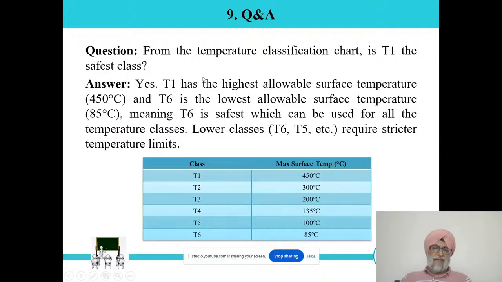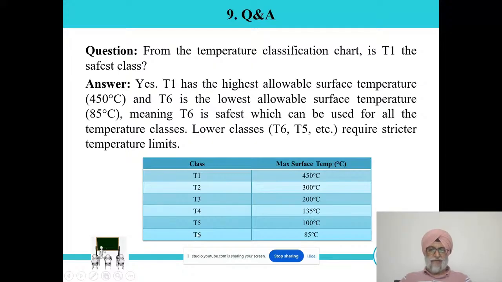T1 is the highest allowable surface temperature, and T6 is the lowest allowable surface temperature, meaning T6 is the safest, which can be used for all the temperature classes. If you select the T6 classification for your equipment, you can use it for all the temperature classifications from T1 to T6. T6 requires stricter temperature limits, which we have to know.